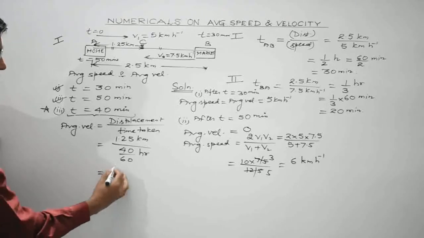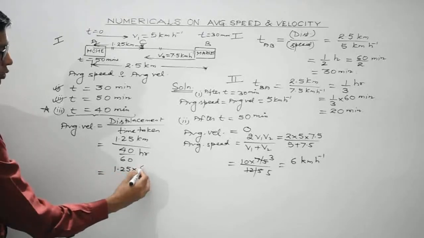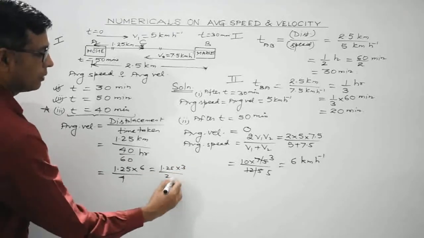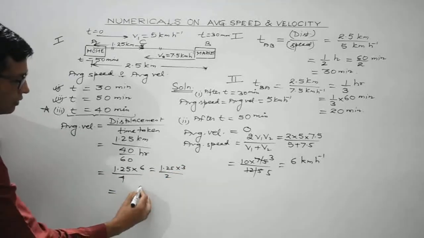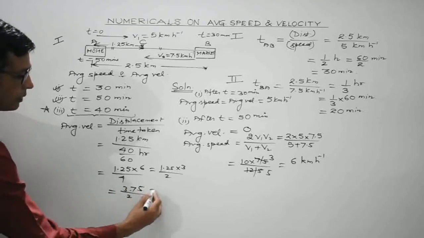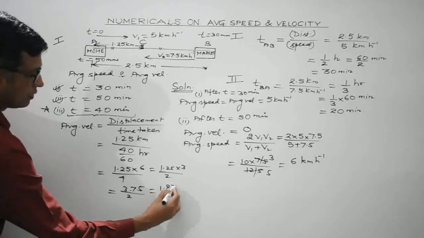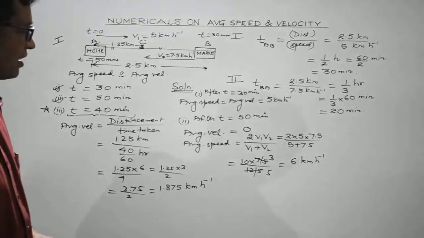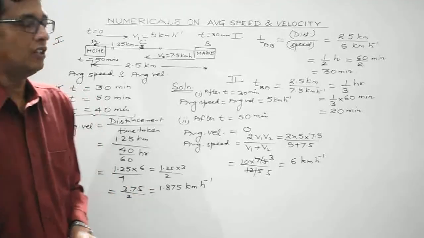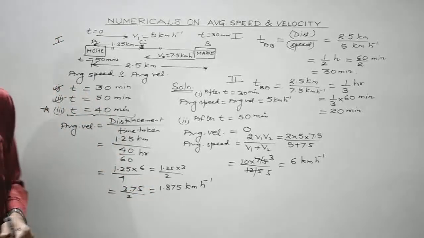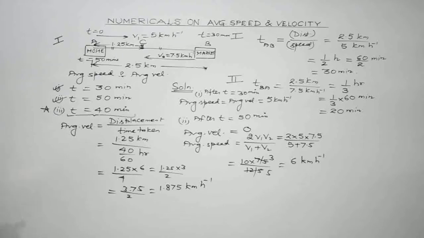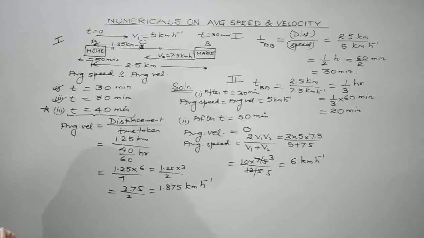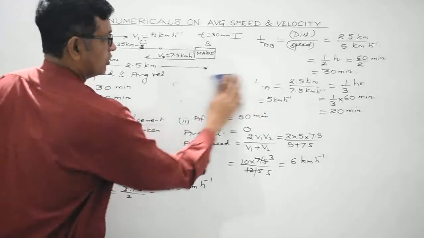So what you get is 1.25 into 6 by 4, that is 1.25 into 3 by 2, which in turn will give us 3.75 divided by 2, which is 1.875 kilometer per hour. So this will be the average velocity of the person during the interval t equals to 40 minutes. Clear?